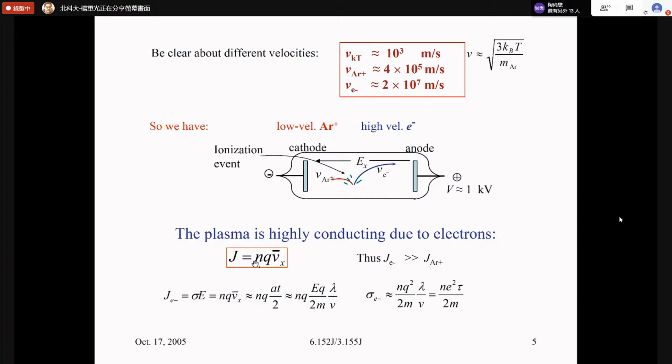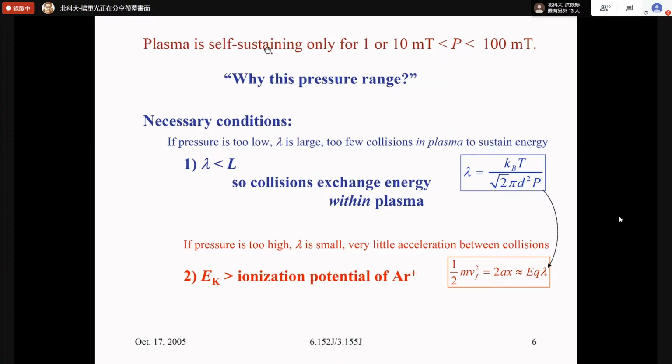So we have a flux equal to N times charge times Vx, and we found that the flux of electrons is far greater than that of argon, at least two orders. So plasma is self-sustaining in the range of 10 millitorr to 100 millitorr.